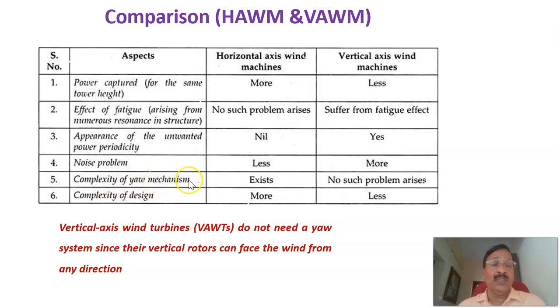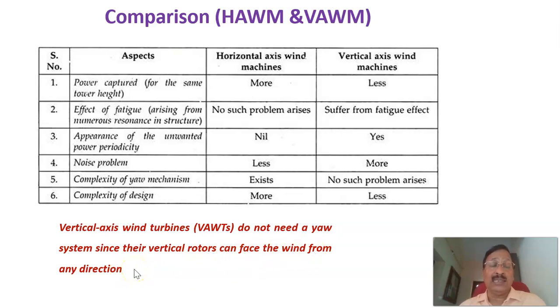And complexity of the yaw mechanism: the vertical axis machine does not need a yaw system since its vertical rotors can face the wind from any direction.